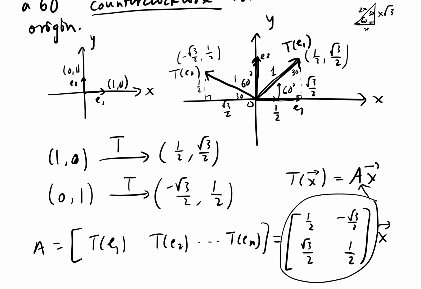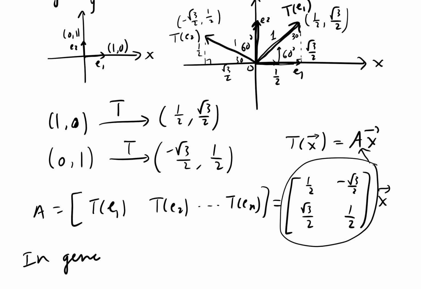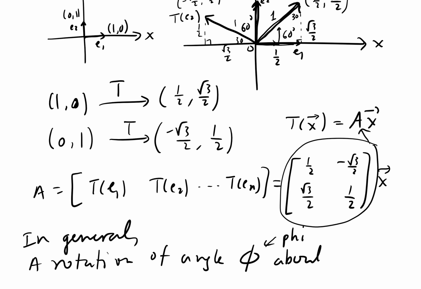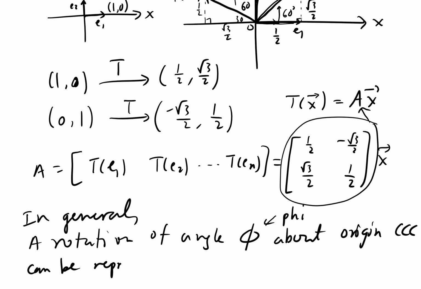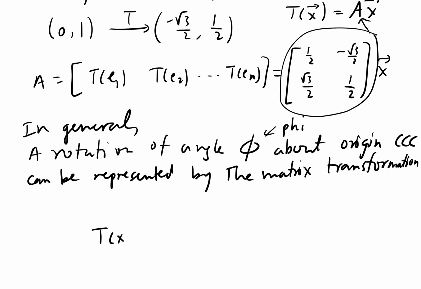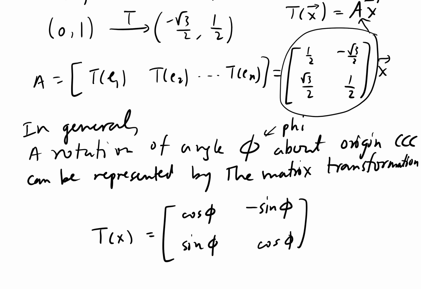And I can show you in general what happens. In general, a rotation of angle, call it phi, angle phi about the origin, counterclockwise, can be represented by the matrix transformation T of x equals cosine phi, negative sine phi, sine phi, cosine phi, times x.